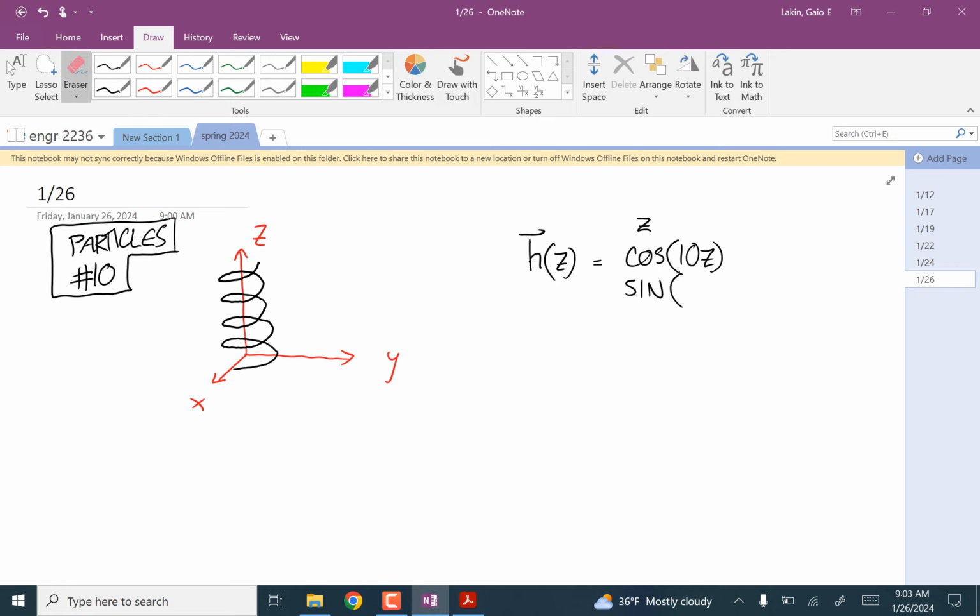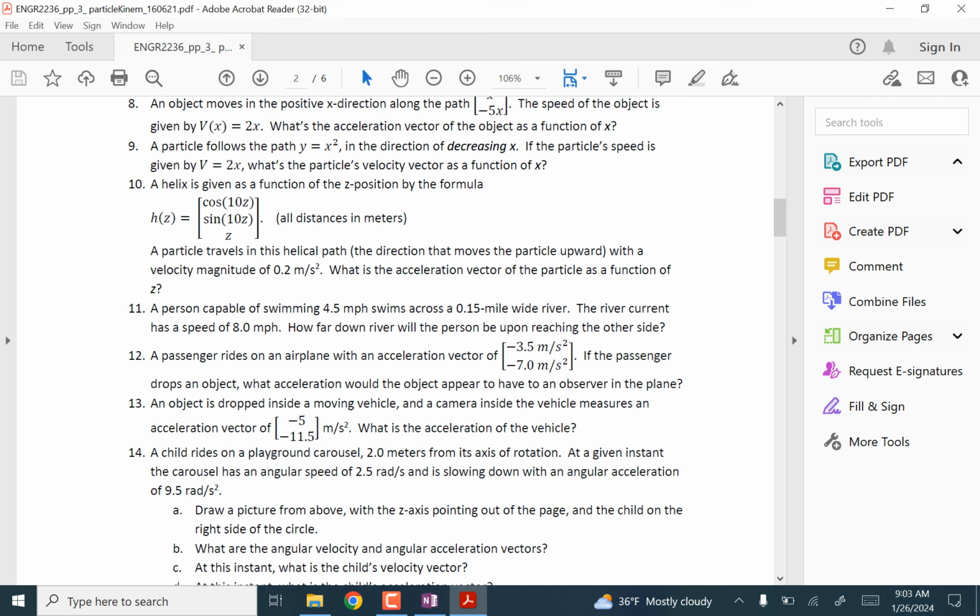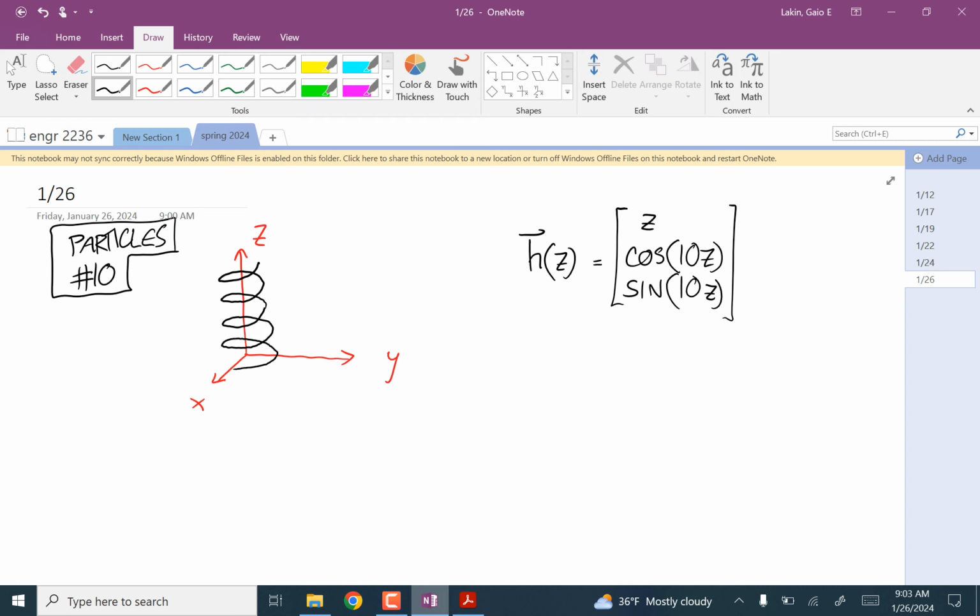No, these must be switched. And the speed is constant at 0.2 meters per second. The z was in the z spot, and the other two are shifted out, aren't they? Yes. I thought that's what I just changed.